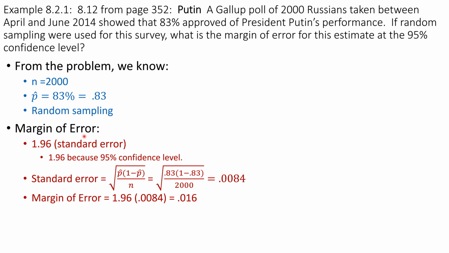To calculate the margin of error, first, since we estimate at the 95% confidence interval, the z-score will be 1.96 times the standard error, and the estimated standard error will be calculated in this way.